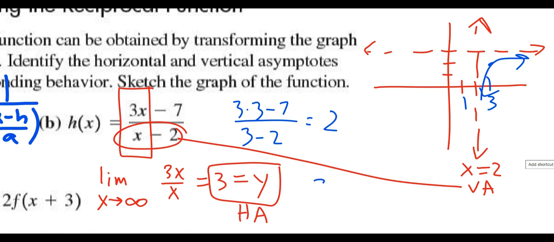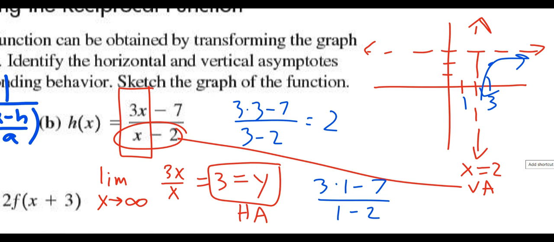All right, so 3 times 1 minus 7 over 1 minus 2. Did I do that right? 3 times 1 minus 7 over 1 minus 2. Okay.